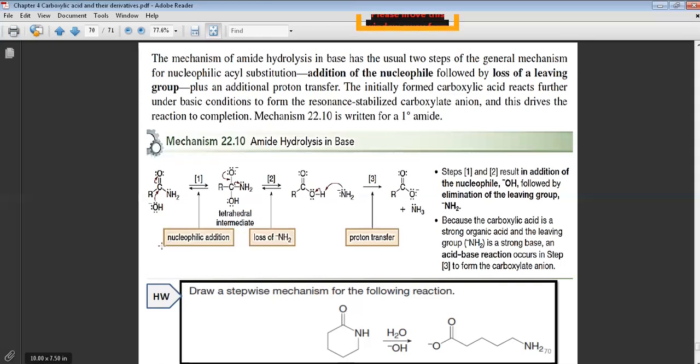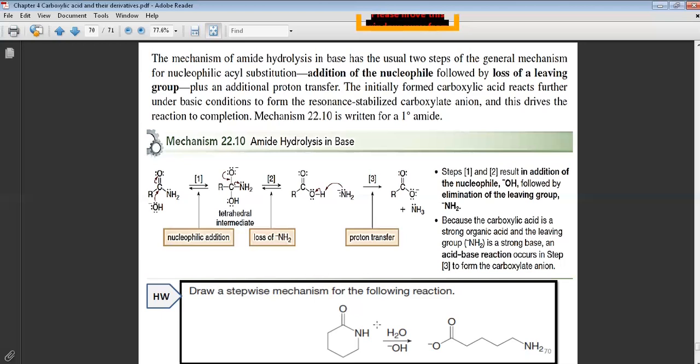Look here, homework: draw the stepwise mechanism for the following reaction. Look, we have an amide. It is an amide, a cyclic amide. That means we have hydrolysis in the OH, in the base, hydrolysis in the basic medium. That means the ring will open here.